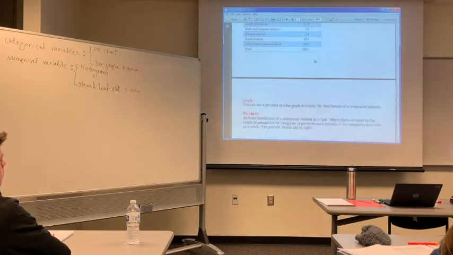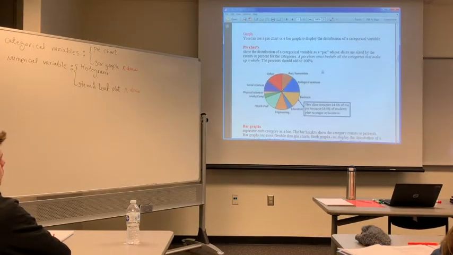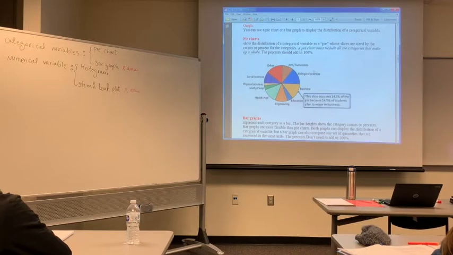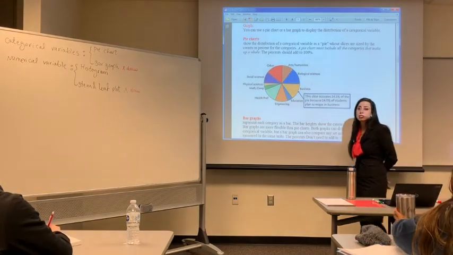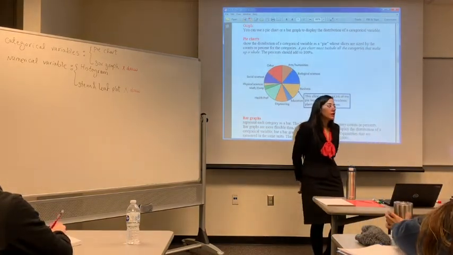So now, this is the graph you will see for that data set. Pie chart, sorry, pie chart. As it says, it's like a pie circle, and we have different slices. Each slice shows us a category.